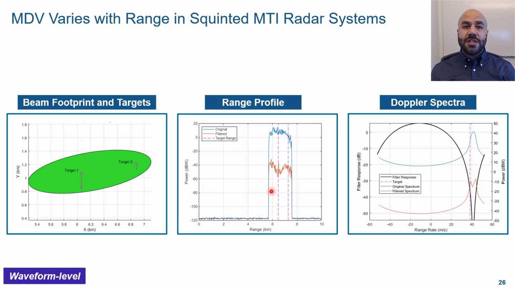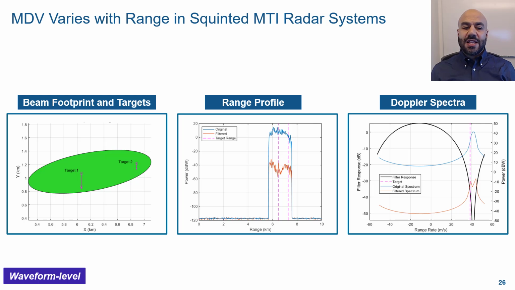And then by applying this filter on the range profile, we notice that the attenuation at the center of the range profile is higher than at the lower range and higher range. As a result, the target that we place in the center range becomes detectable after applying the MTI filter, while the other target is not detectable.